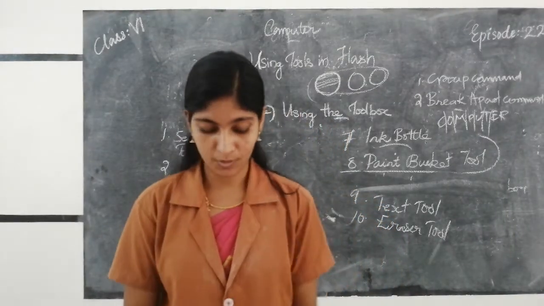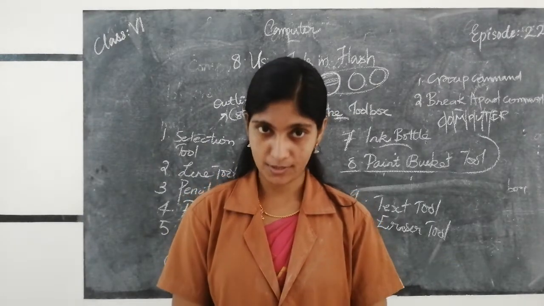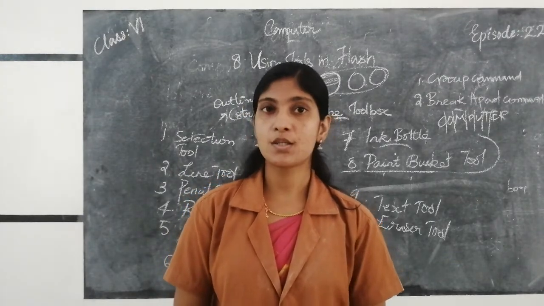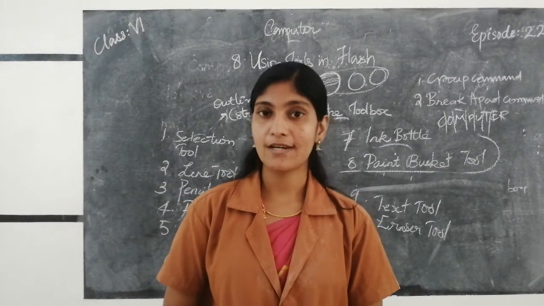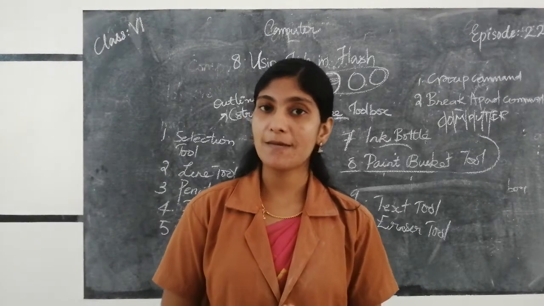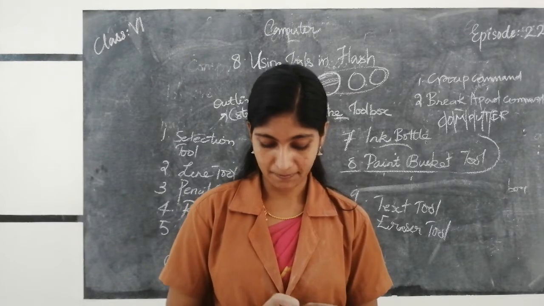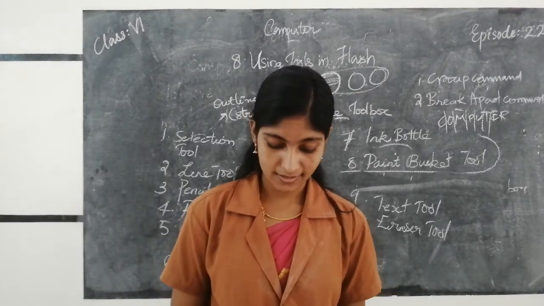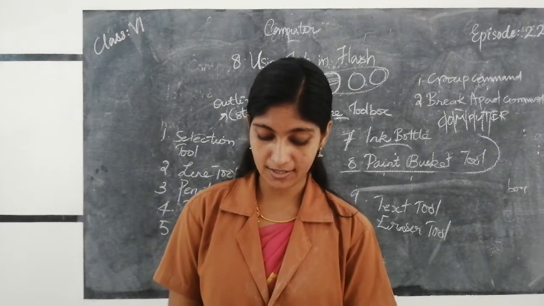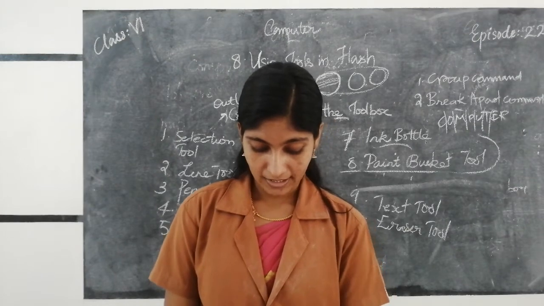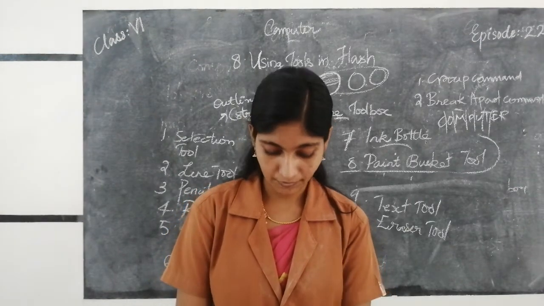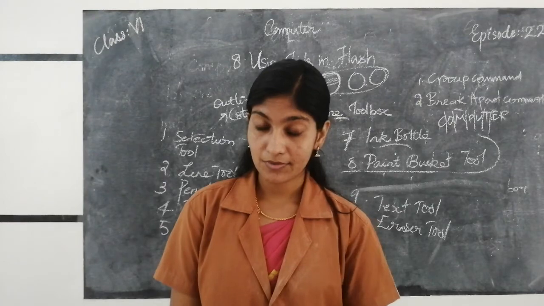So let's go to a quick recap. At first, Flash software. Flash software is used to develop interactive graphics and animations which can be used on websites or for any other multimedia purpose. Timeline consists of divisions of frames arranged on a number grid, and a frame means it's a single step of animation.